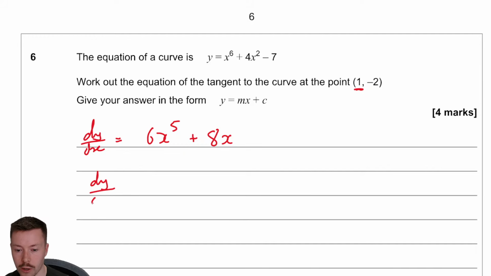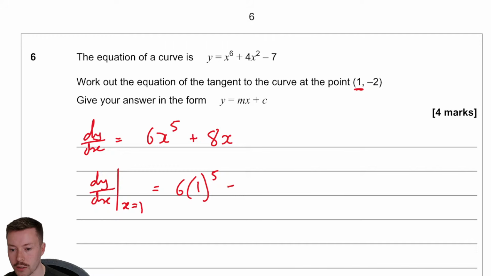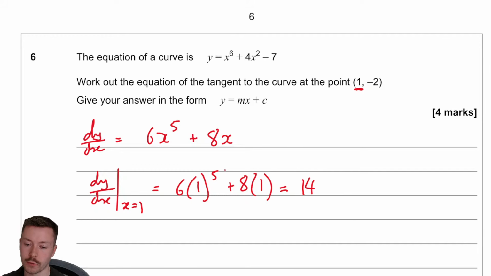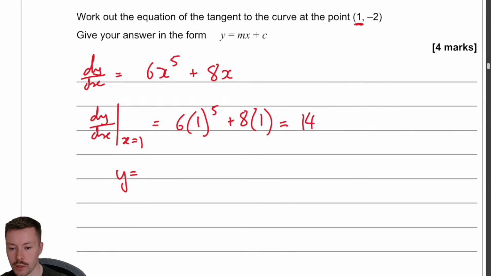So dy over dx, where x is equal to 1, gives us 6 lots of 1 to the power of 5, which is 6, plus 8 lots of 1, which is 8, gives you 14. Because 1 to the power of 5 is 1, times 6 is 6, 8 times 1 is 8, 6 add 8 is 14. So from there, we've got y equals 14x plus c.